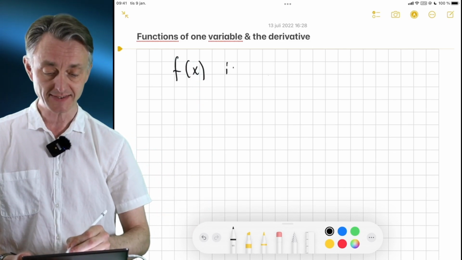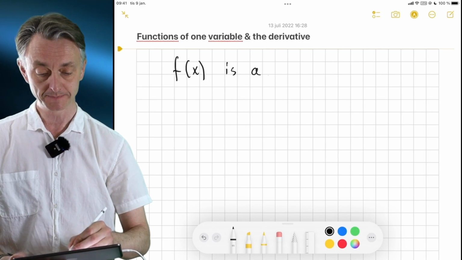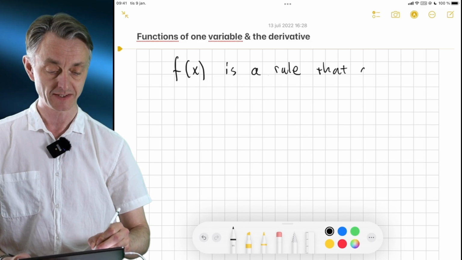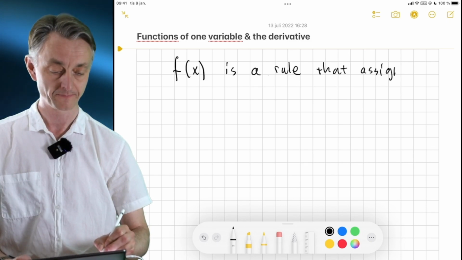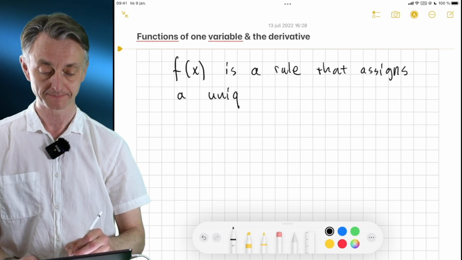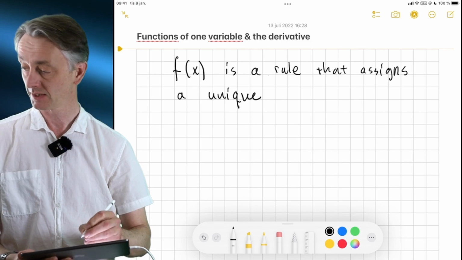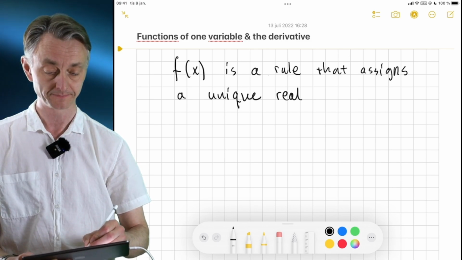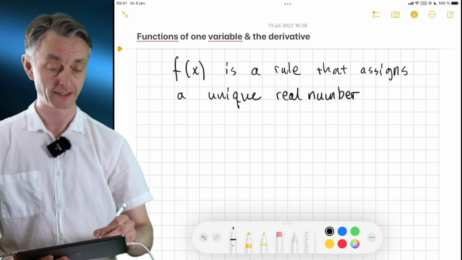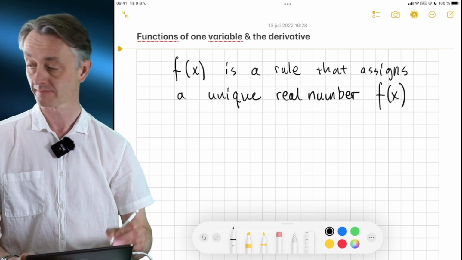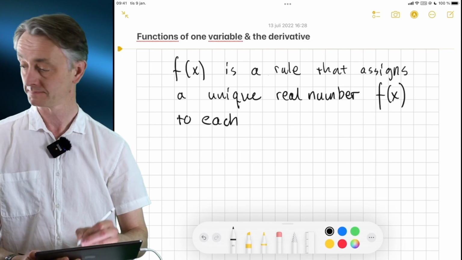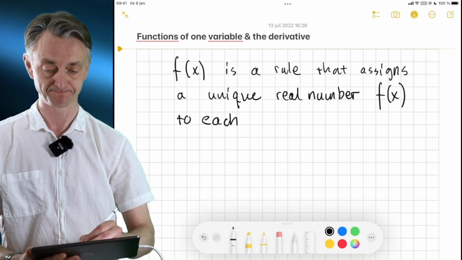And so that is a rule that assigns a unique real number f of x to each real number x.